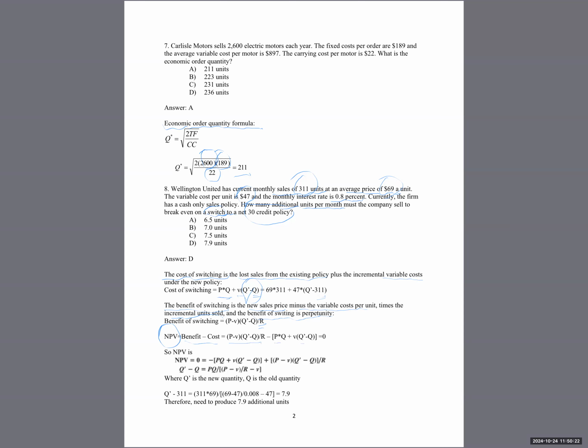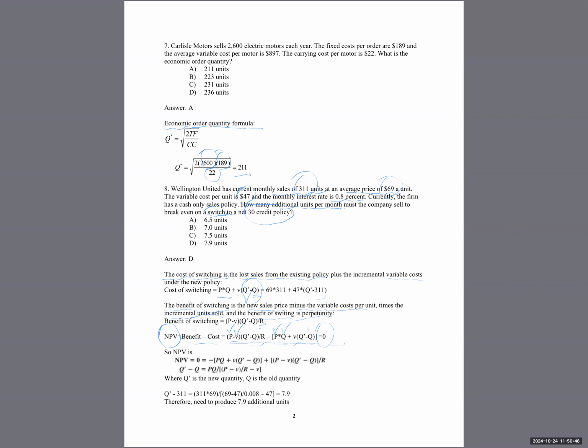To look at the break even, we set NPV equal to 0. Once we set up this equation, we plug in the numbers we know: the variable cost, the price, the new price, and the current price and current quantity.